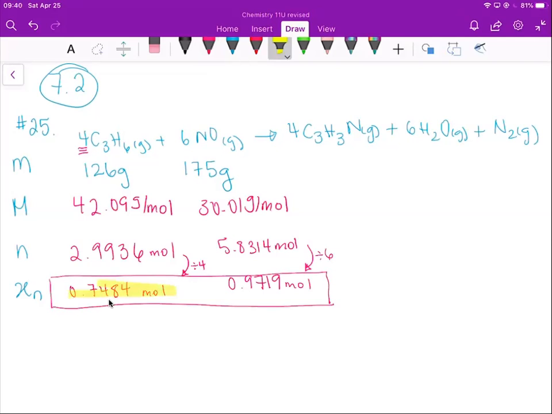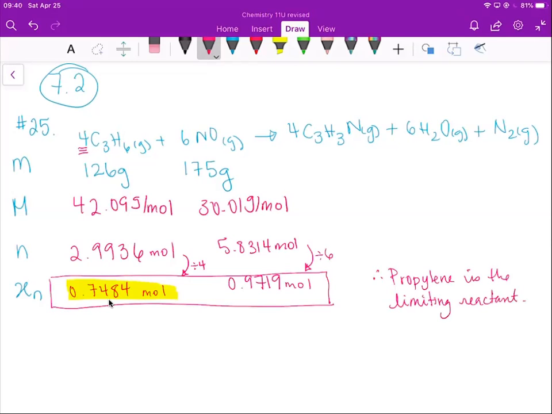And the answer is propylene. Okay, so we can say, therefore, propylene is the limiting reactant. Awesome. That one's pretty easy.